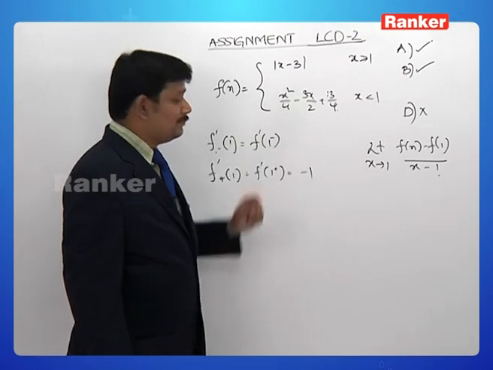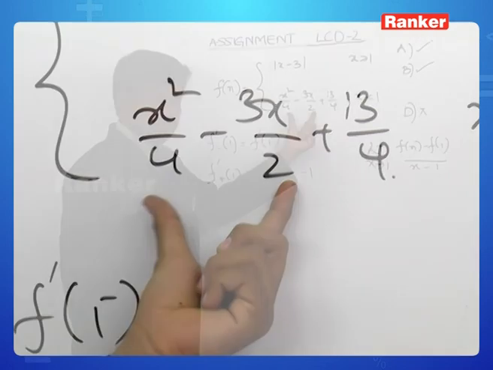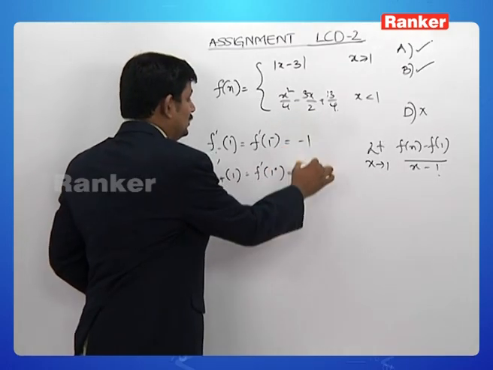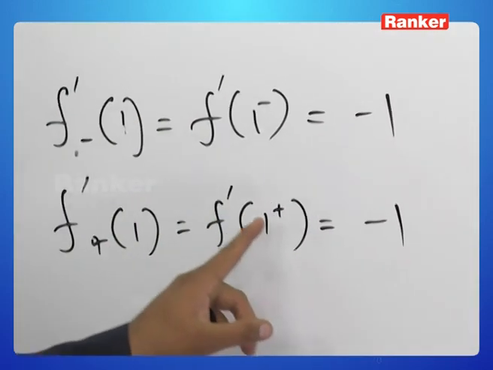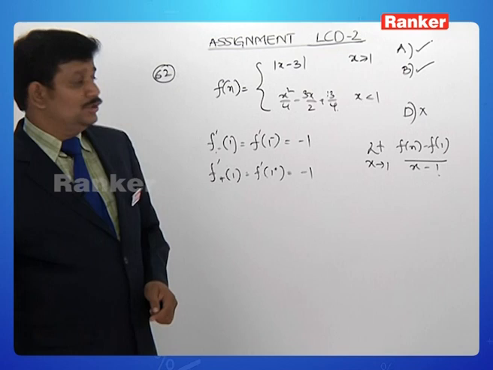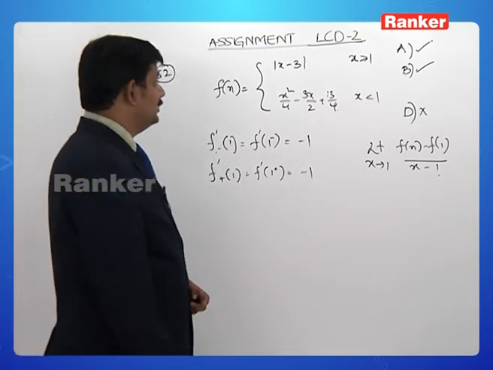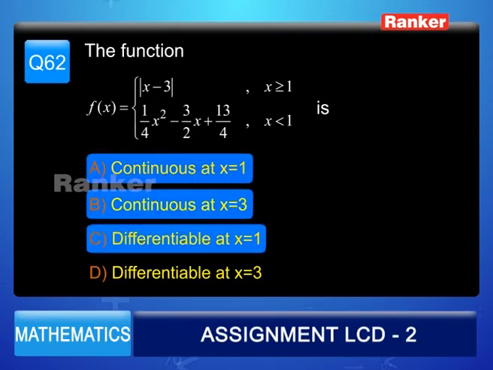X by 2 at 1 is 1 by 2. 1 by 2 minus the derivative of this, which is 3 by 2, gives 1 by 2 minus 3 by 2, which is minus 1. So the left hand derivative is also minus 1. Left hand derivative is minus 1, right hand derivative is minus 1. So we can say the function is differentiable at 1 and the derivative is minus 1. So option C is also true, and the answer is A, B, C.